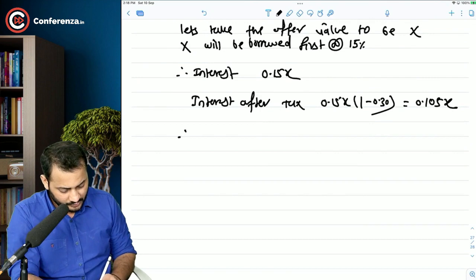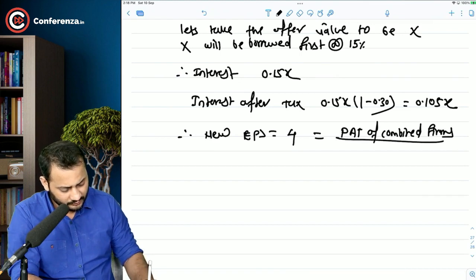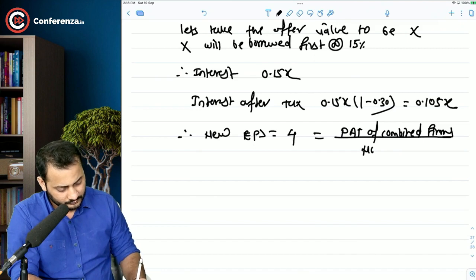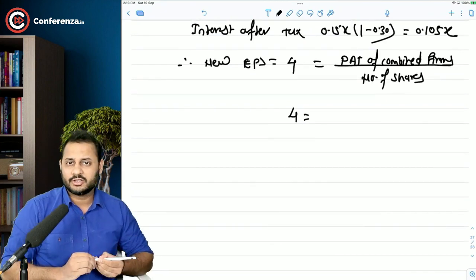So therefore the new EPS has to be 4, which is equal to the profit after tax of the combined firm divided by the number of shares. What will be the profit after tax of the combined firm?